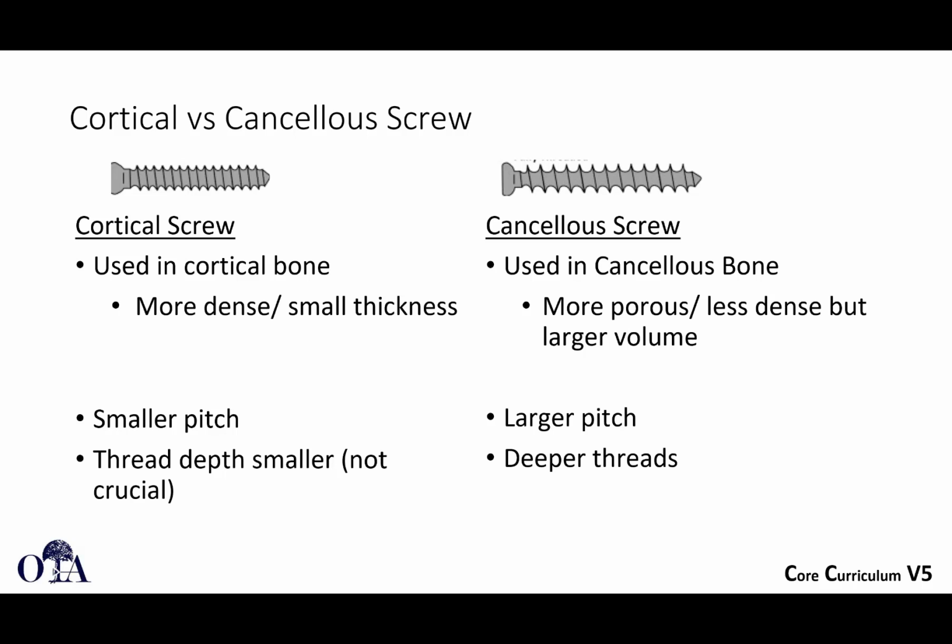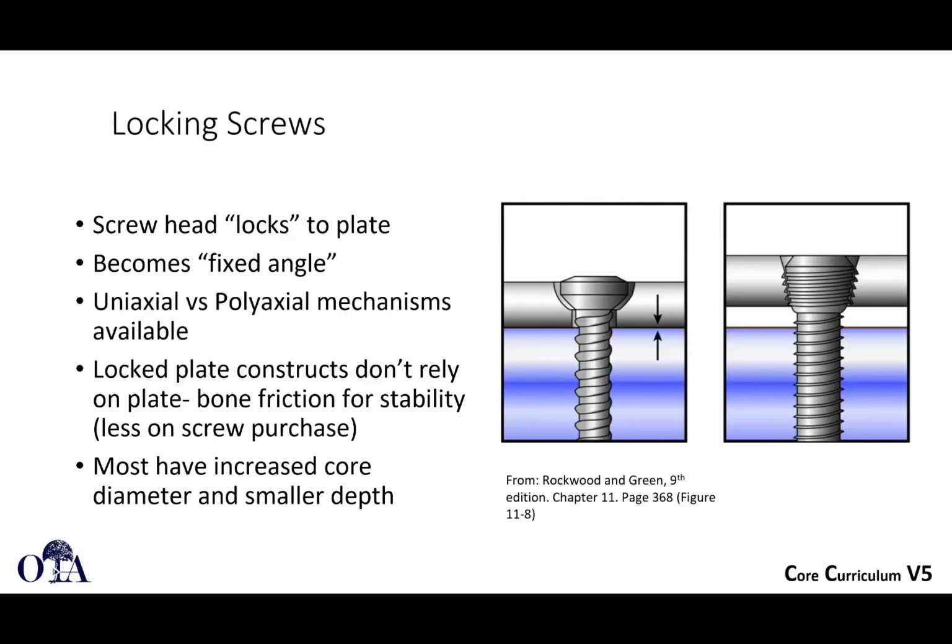The cancellous screw is used in cancellous bone, like in the metaphyseal portion of a long bone. It has a larger pitch and deeper threads, as you can compare this screw with the other screw. If you pick up two screws of similar size, like a 3.5 millimeter cortex screw and a 4.0 millimeter cancellous screw, you'll be able to recognize the difference.